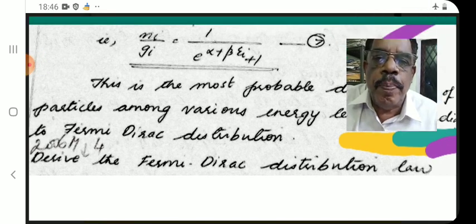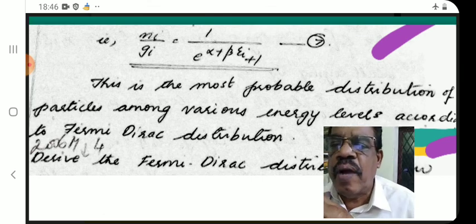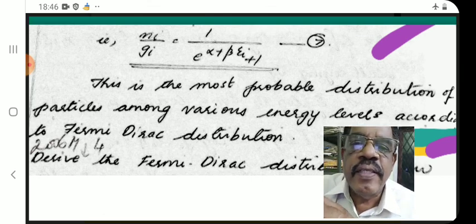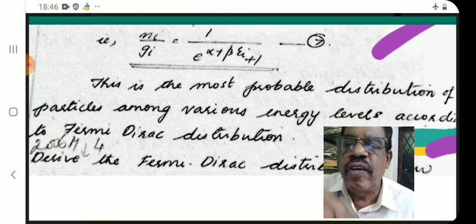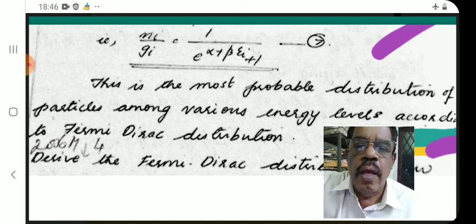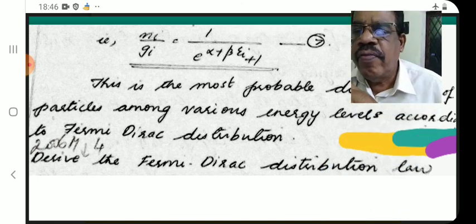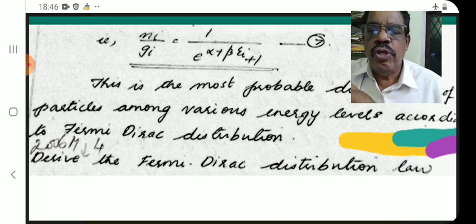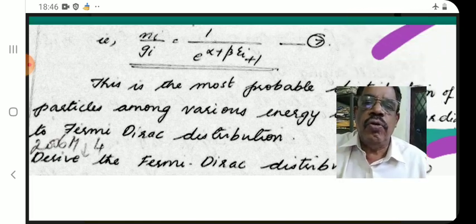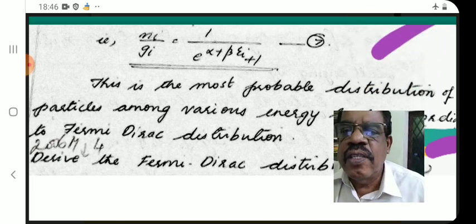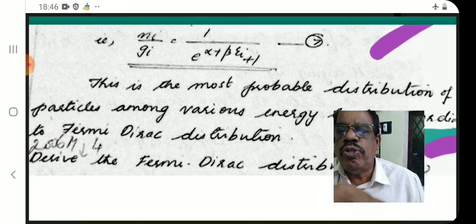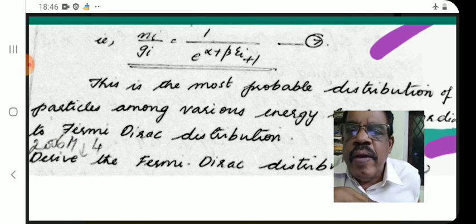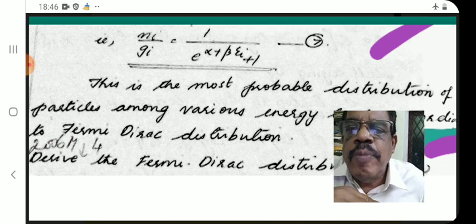Fermi-Dirac distribution law. This is the most probable distribution of particles among various energy levels according to Fermi-Dirac statistics. And the question is, derive the Fermi-Dirac distribution law. Very important. You remember, when we studied the Maxwell-Boltzmann distribution law, we got ni by gi is 1 by e raised to alpha plus beta epsilon i.